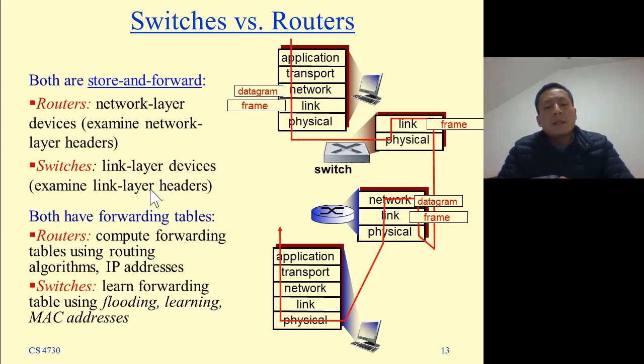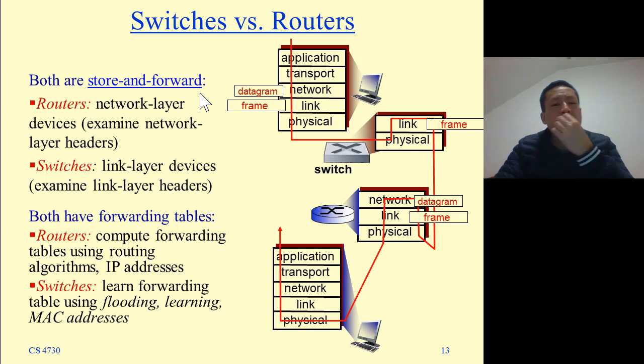When you see routers and switches, you may ask why they are both needed, or what the differences between them are. We know that both routers and switches are based on the store-and-forward paradigm.